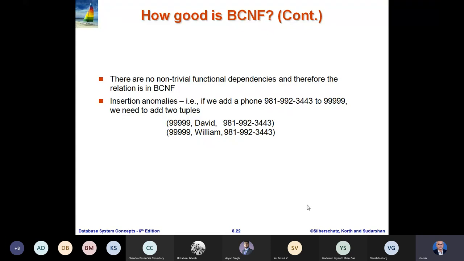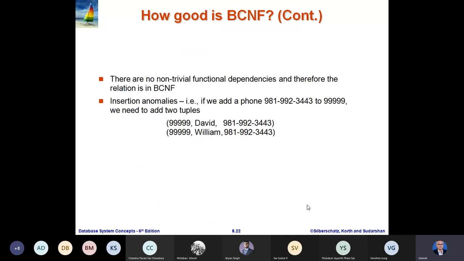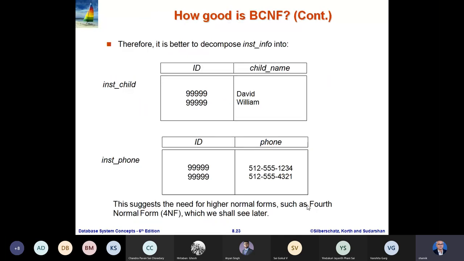We'll see what the formal definition of multi-valued dependency is. What we understand is that this particular schema, we would definitely need to decompose into ID and child name, which is one schema, inst child, and the other is inst phone. But this is something even beyond BCNF, and this is often called fourth normal form.